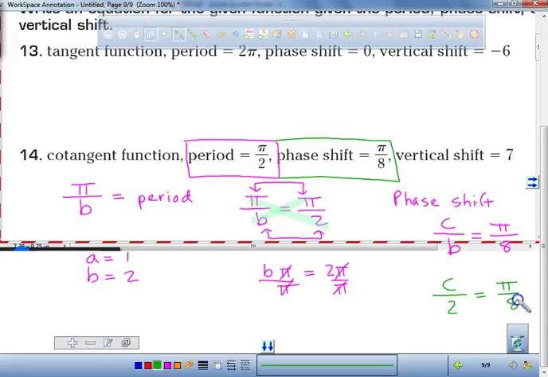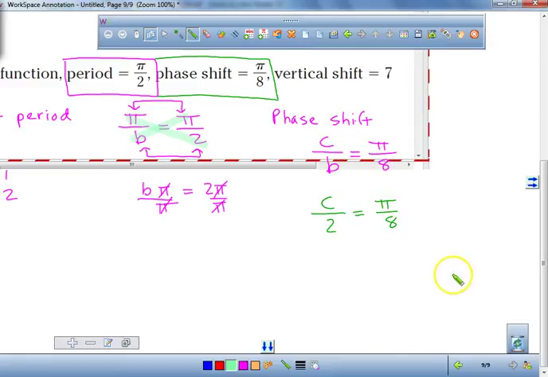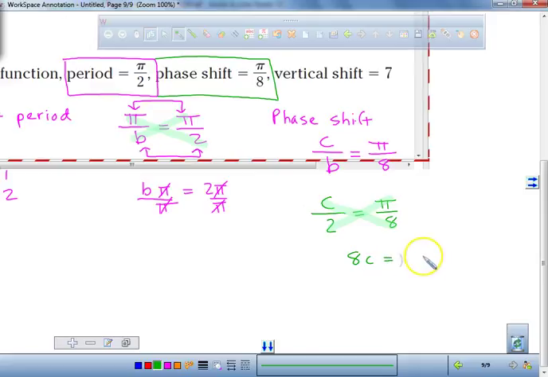Putting that equal to pi over 8. So now I'll cross multiply. My cross products are 8 times C equals 2 times pi. We're going to divide both sides by 8, and C equals 2 pi over 8, but yes, that reduces, 2/8 reduces to 1/4, so I'm going to leave it as pi over 4.